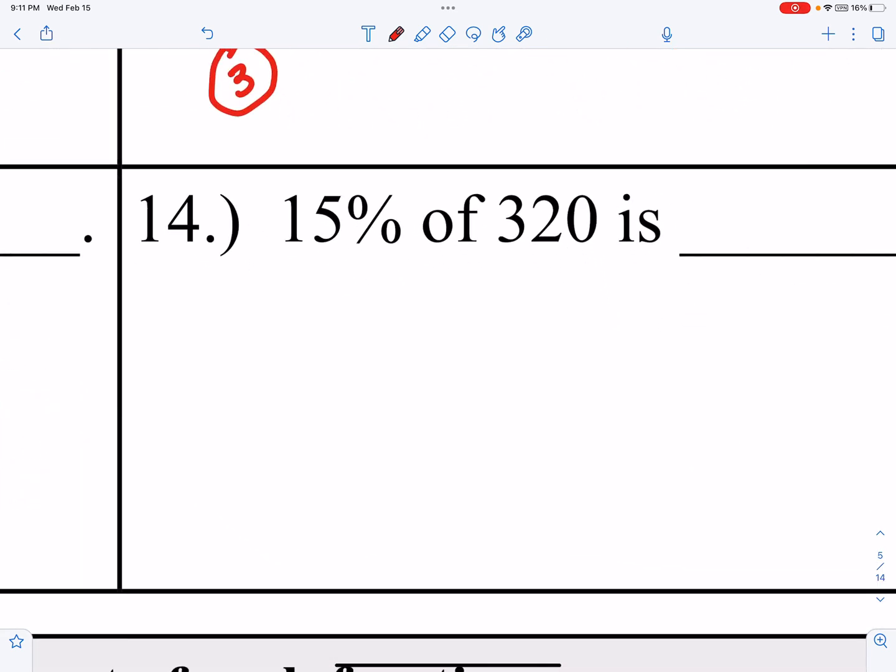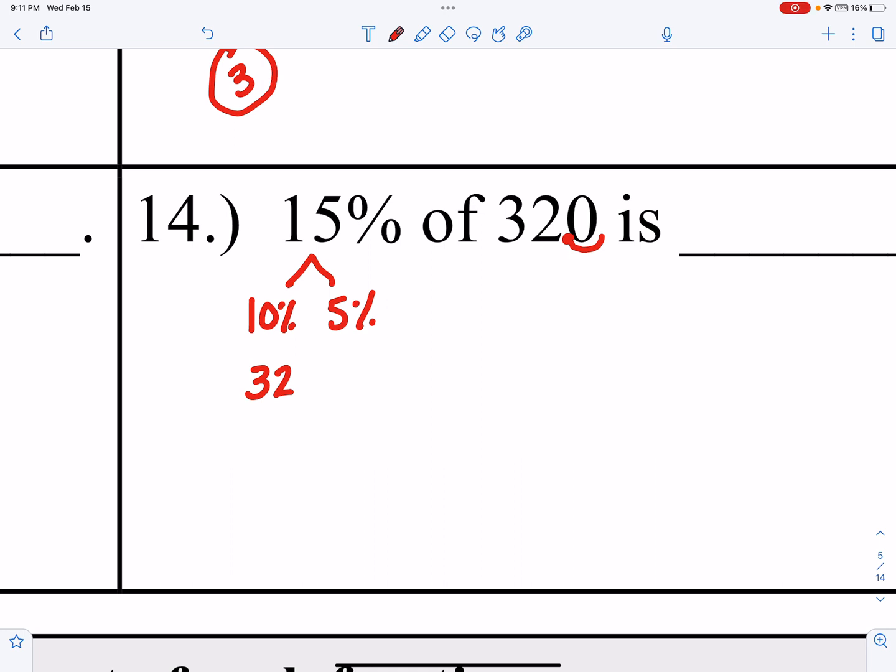So let's take a look at this. Break this apart and decompose it. We have 10% and 5%. I know 10% just means 1/10 as a fraction, or move the decimal place one spot. So 10% of 320 is 32.